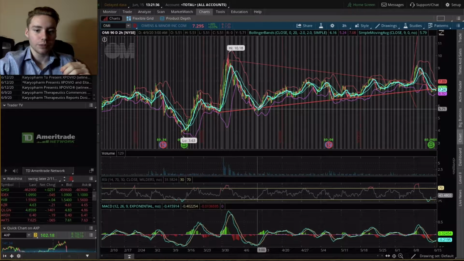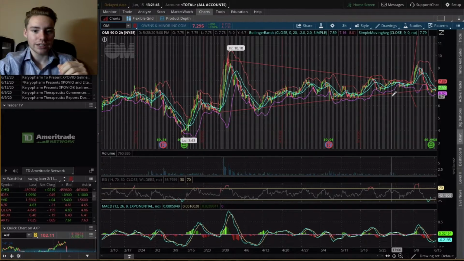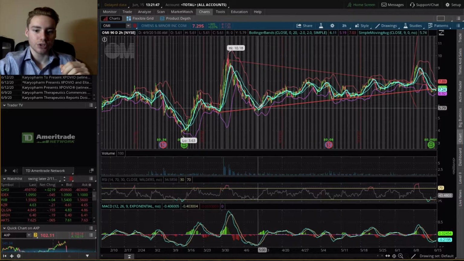Now this isn't to say you should trade within the triangle for this breakout, but that's not what you're doing in this case. The strategy here would be to trade in this triangle with regards to the support and resistance levels, essentially making it a channeling stock.